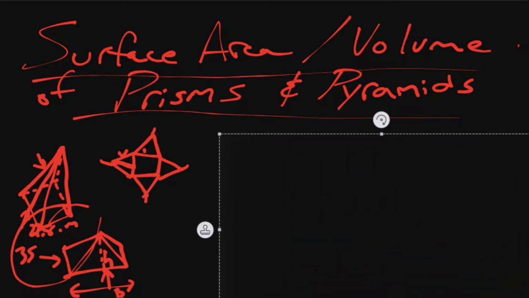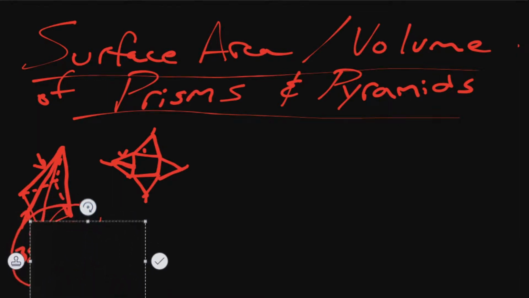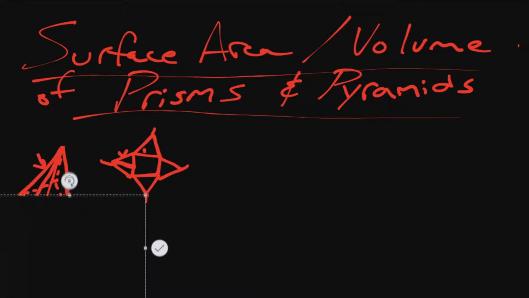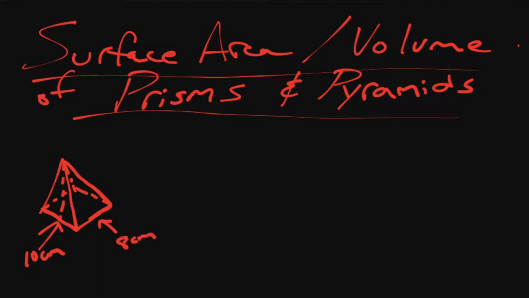Let's look at volume now. So, let's say I have another square base pyramid where I'm given the height of the triangular side as 10, and then the base I'm given 8 centimeters.